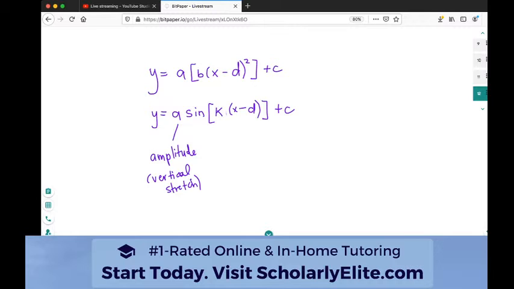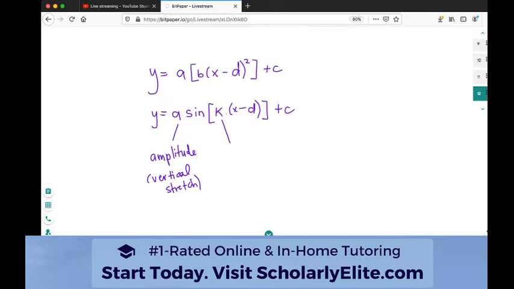Okay, obviously sine is just sine. This k tells us something very important. This actually tells us what the period is going to be, but not directly. We actually are going to use that information to solve for the period.